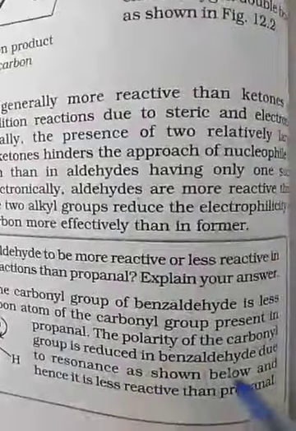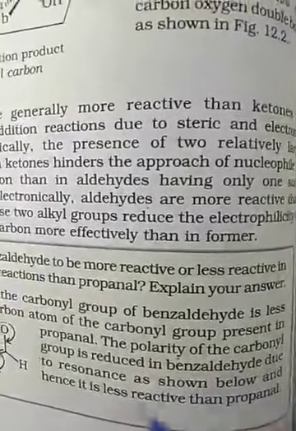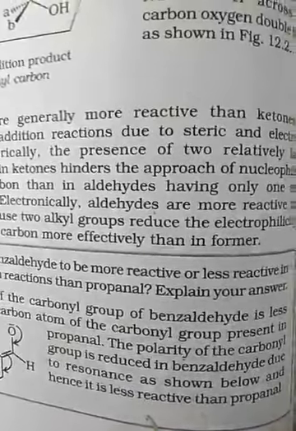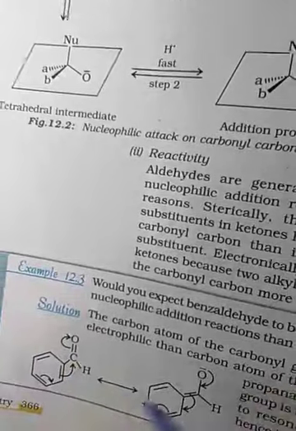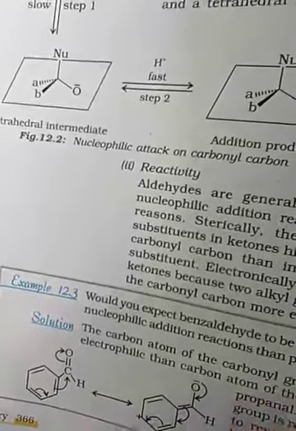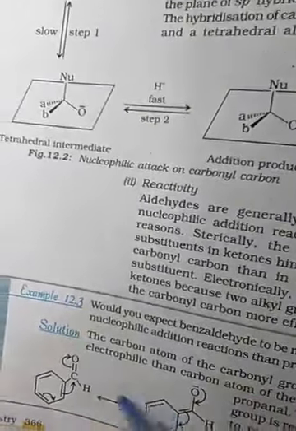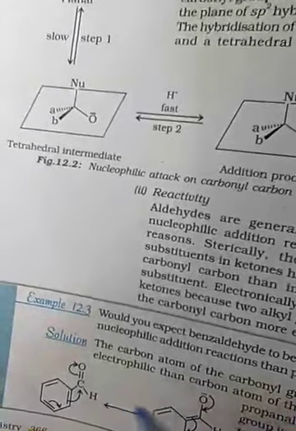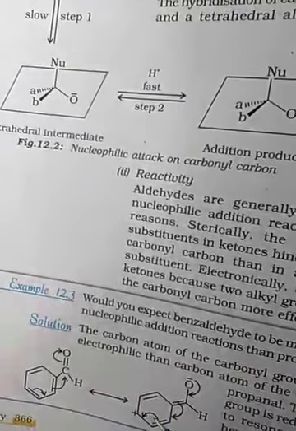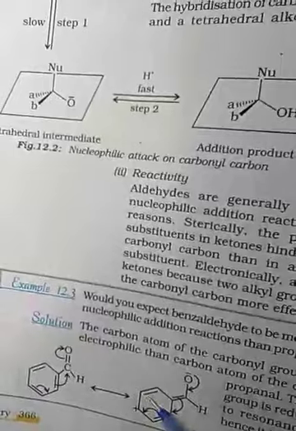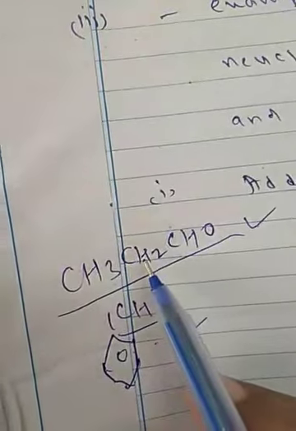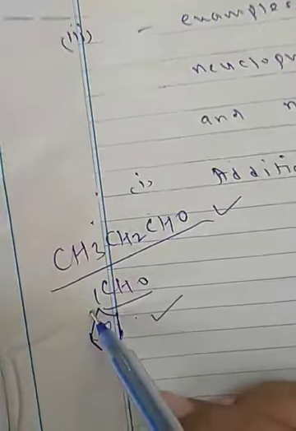The polarity of the carbonyl group is reduced in benzaldehyde due to resonance as shown, and hence it is less reactive than propanal. Benzene has resonance structures, as you know from 11th. So this one is more reactive, and this is less reactive.